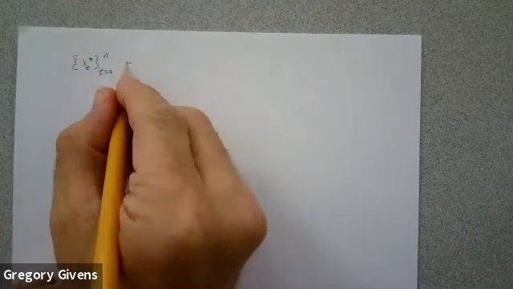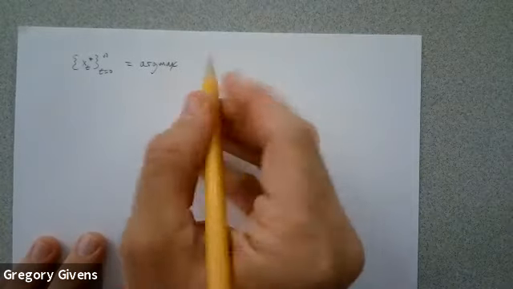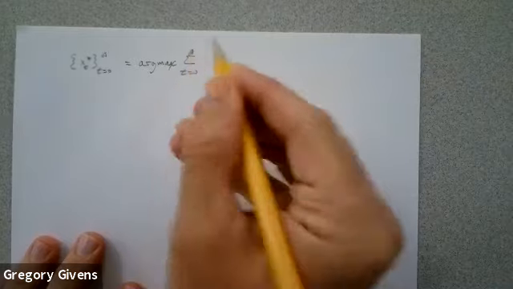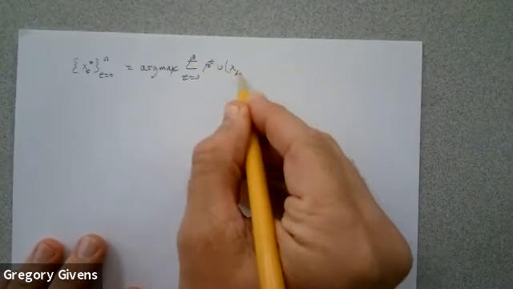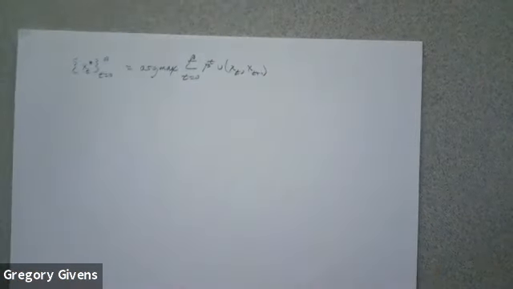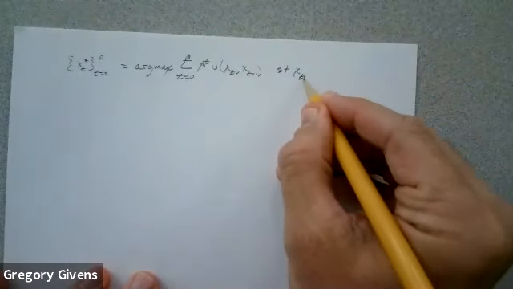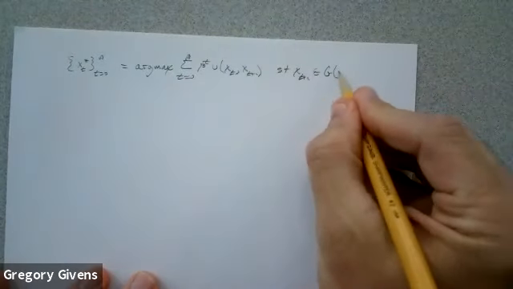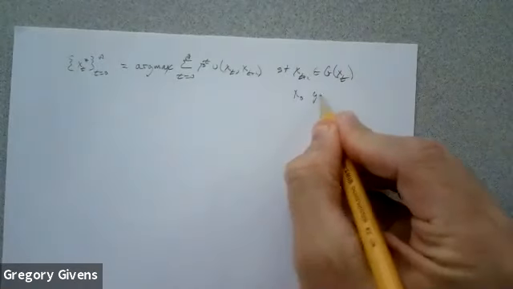In other words, it's the arg max of the sum from t = 0 to infinity of beta to the t U(x_t, x_{t+1}), subject to x_{t+1} being an element of G(x_t), x_0 given.